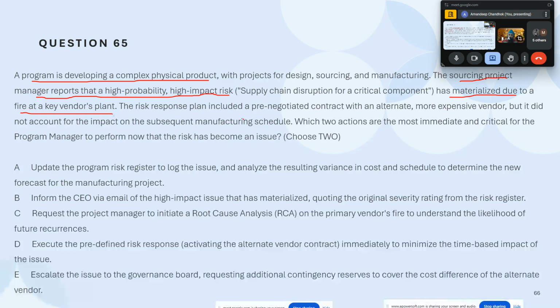Again, be patient. This is a complex question.